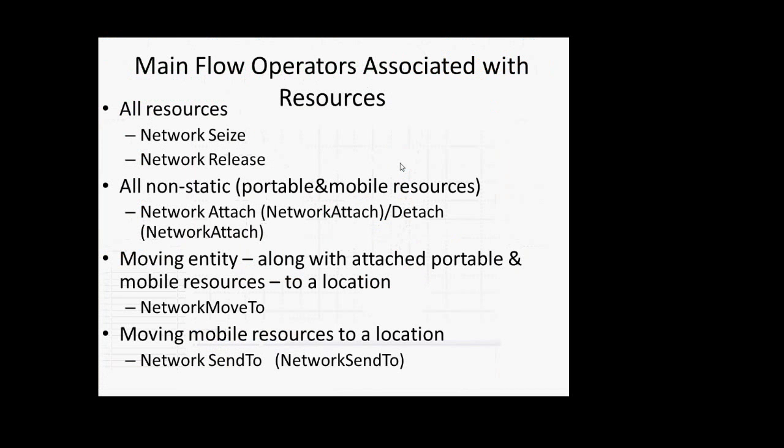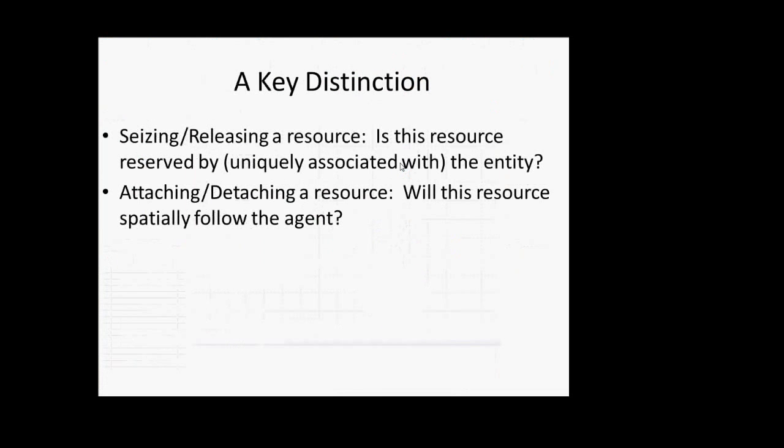These are probably the most important two, because they have to do with uniquely reserving a resource on the part of an entity. We're going to see there's other components having to do with moving with the entities and so on, but seizing and releasing is all about reserving these entities, okay?